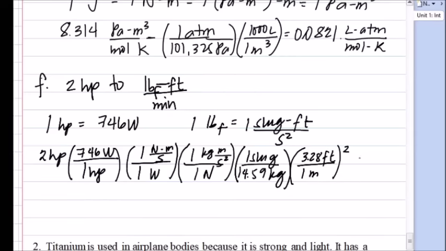Then, after that, yung seconds naman. Yung seconds, nasa baba, so dito, gagawin ko siyang sa taas. 60 seconds kada isang minute. Pag ginawa natin yan, we can have 2 times 746, then divided by 14.59 times 3.28 squared times 60 seconds.